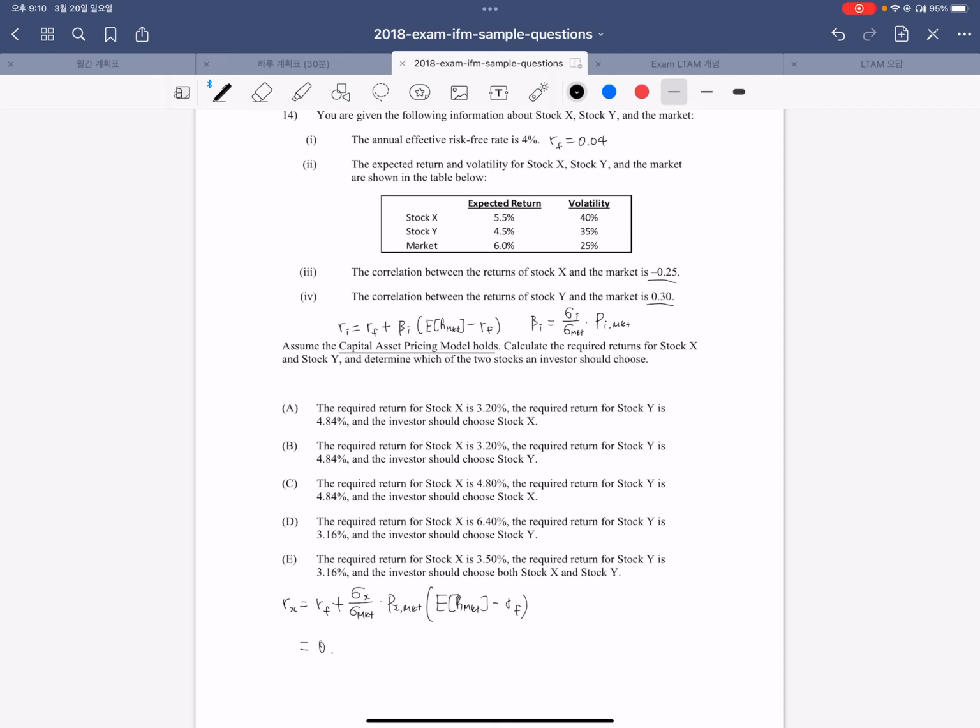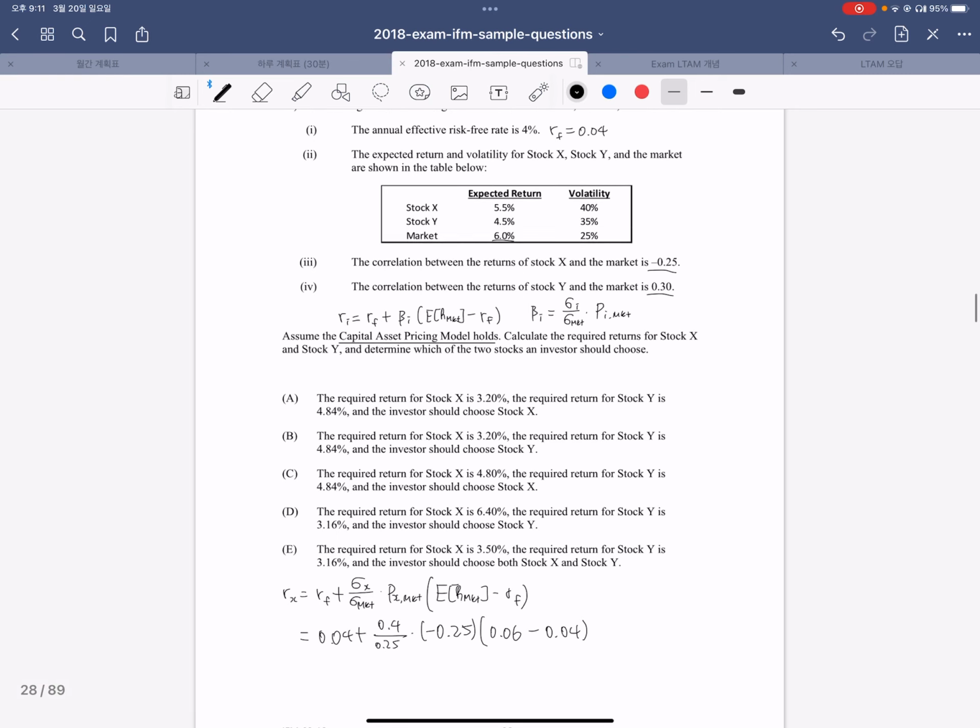Risk-free interest rate is 0.04 plus, and the volatility of the stock X is 0.4, and the volatility of the market is 0.25, and the correlation between stock X and the market is negative 0.25, and the expected return of the market is 0.06, and the risk-free rate is 0.04. And by calculating this, we get 0.032.